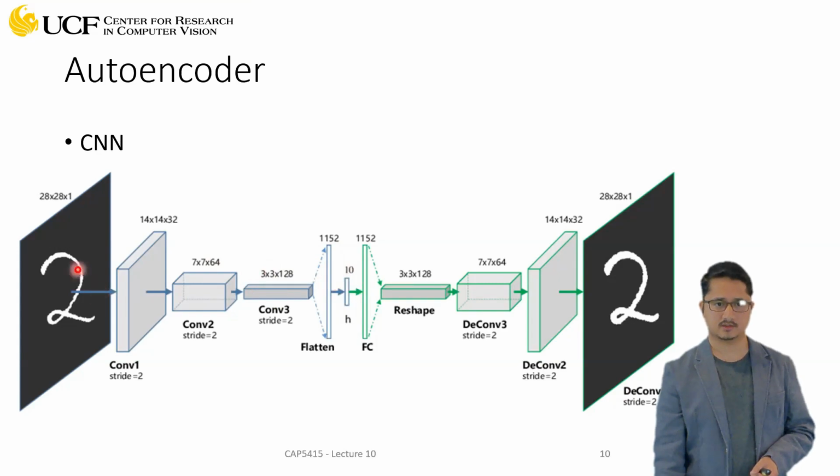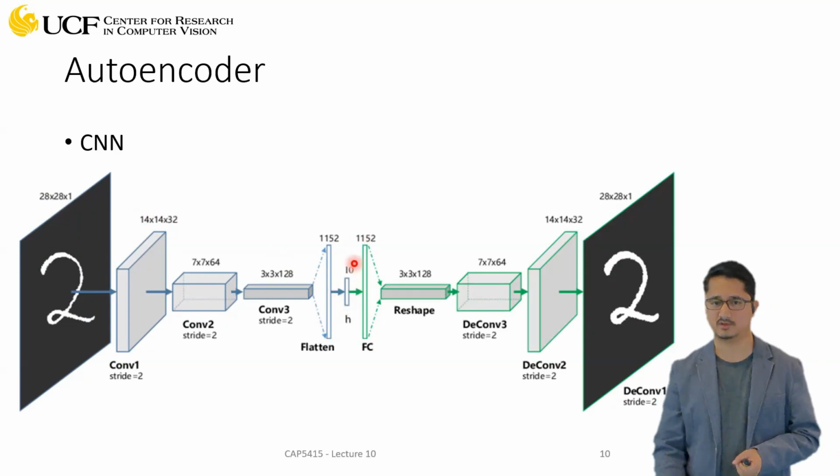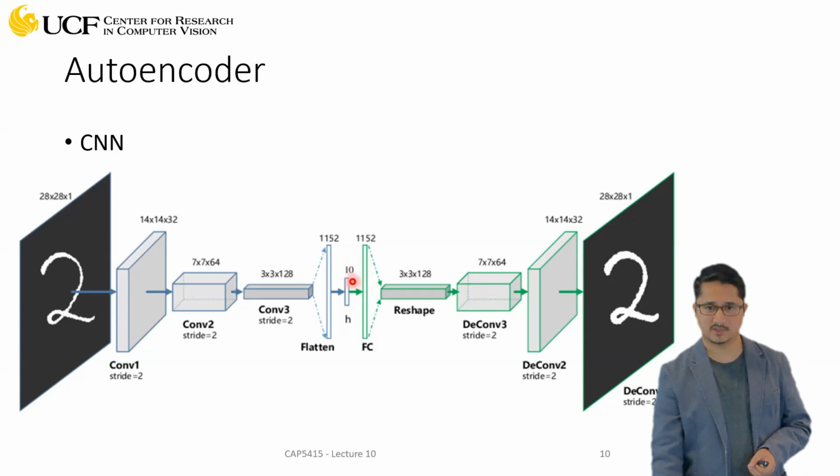So it's a combination of CNN and fully connected layers. Here you can see that the total number of pixel values in your input data was 28 times 28, but this encoder is reducing that to just 10 different values, which means this is a good autoencoder. And then the decoder is symmetrical to your encoder.